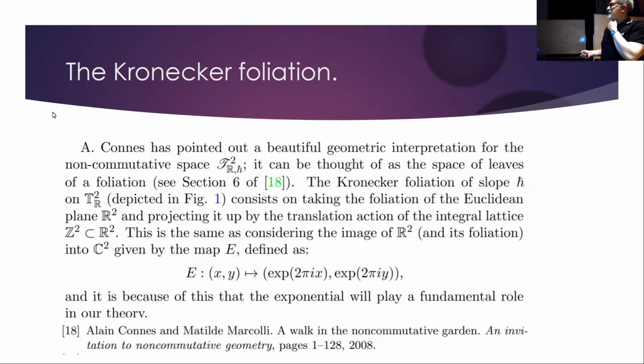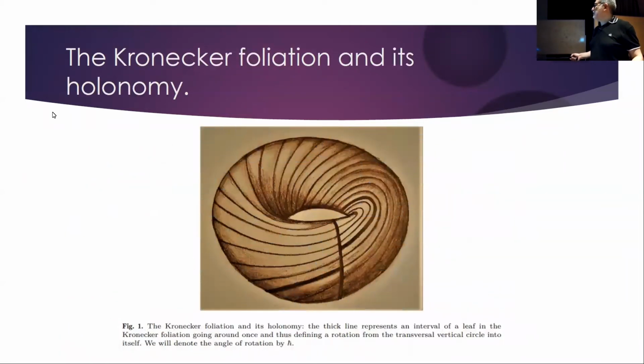It can be thought of as the space of leaves of a foliation: the Kronecker foliation of slope h bar on the classical torus. You take the plane R2 and quotient by the lattice to get the torus. This foliation is obtained by considering all the parallel lines of slope h bar on the plane R2 and taking the quotient.